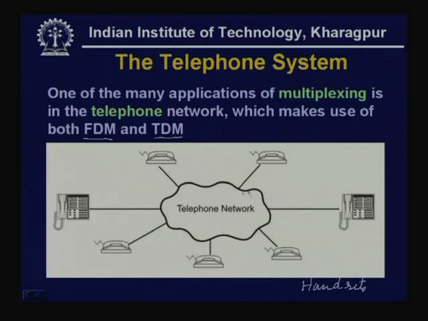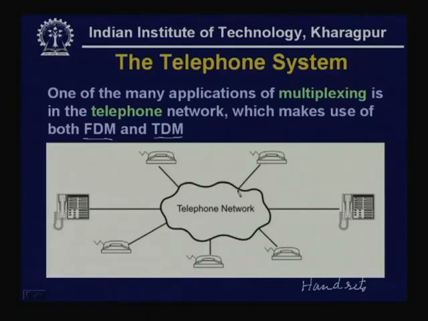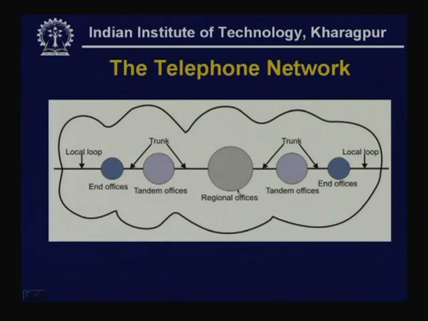This telephone network is now a global network. It is no longer a small telephone network. From anywhere you can call any other place by dialing a number. So, let us have an inner look at the telephone network.